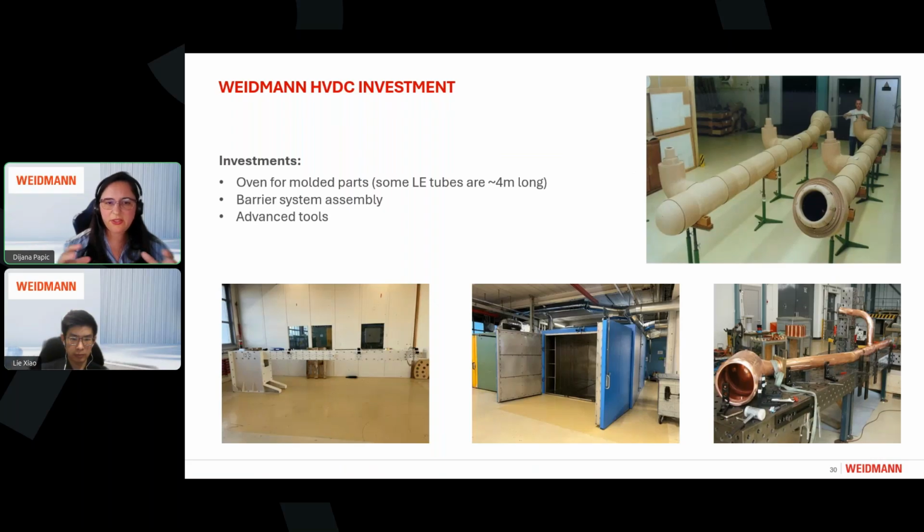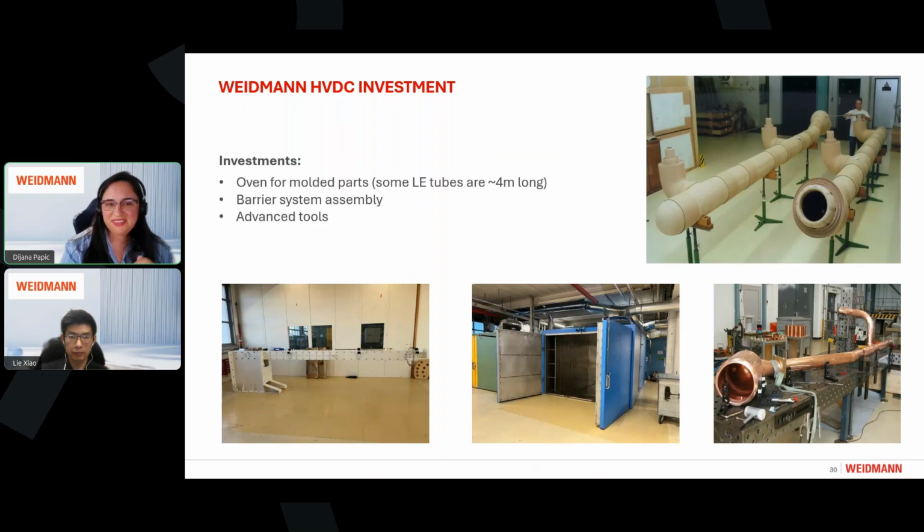But they're huge and very heavy, so one has to invest in assembly systems for such heavy barriers, and the shapes of the lead exits are not always that easy, so additional tooling when producing metal components is mandatory.